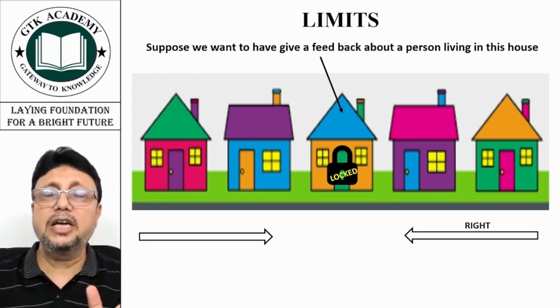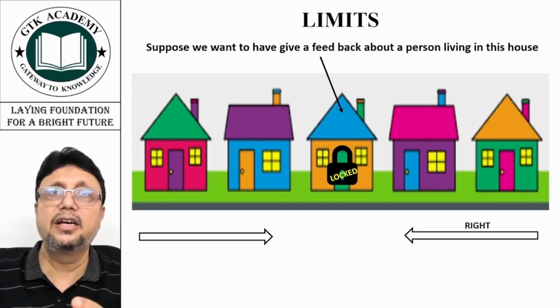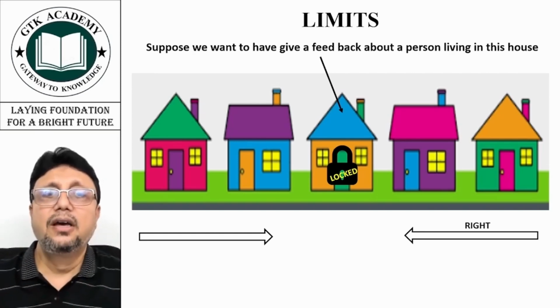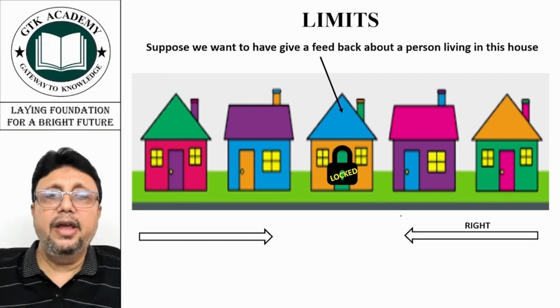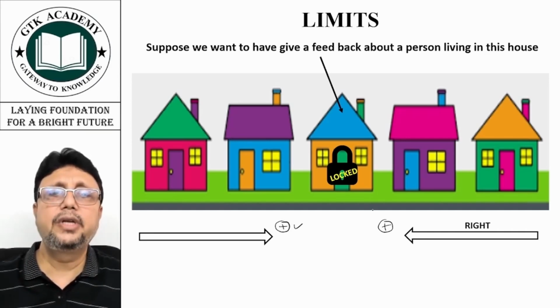Now this is only just to explain you in an interesting manner. So don't go much into the details of this explanation or this example. Don't connect it mathematically, right? This is just to explain. Now, if you get some positive feedback from right and you get positive feedback from left also, so you take this feedback.